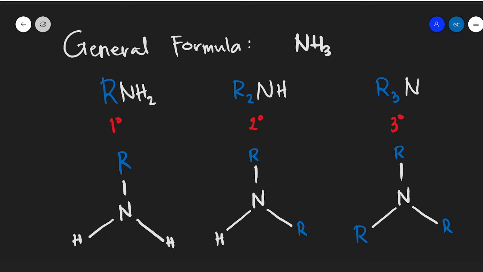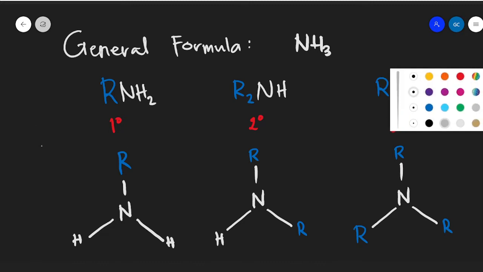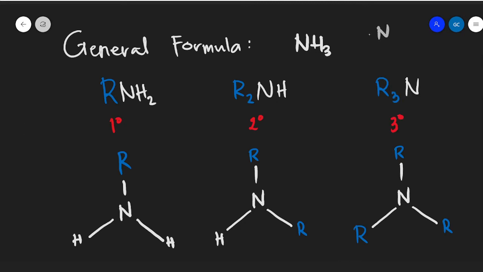So as you may notice here, we have the amine, but in this class we do not account for the actual structure of our nitrogen. As you may have remembered, when we have nitrogen, usually its appearance is like this. We have ammonia here, and its true structure is like this.